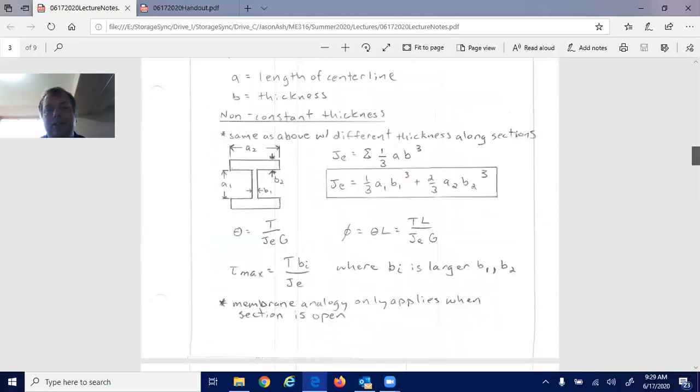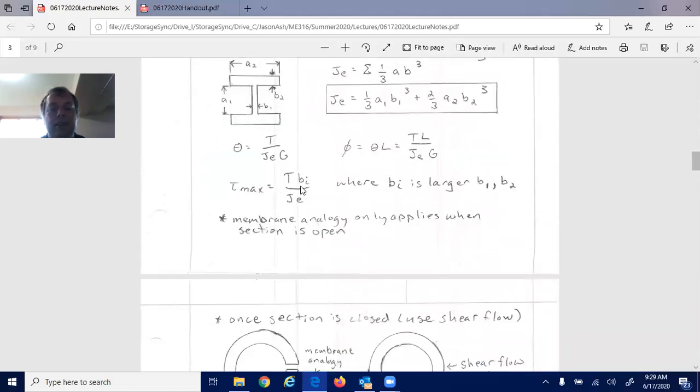And so your shear stress equation has the Bi term in there to compensate for how JE, the equivalent polar moment of inertia, is defined. And so tau max is going to be your torque times Bi, whichever is the larger of your thicknesses that you're dealing with, divided by the equivalent polar moment of inertia.